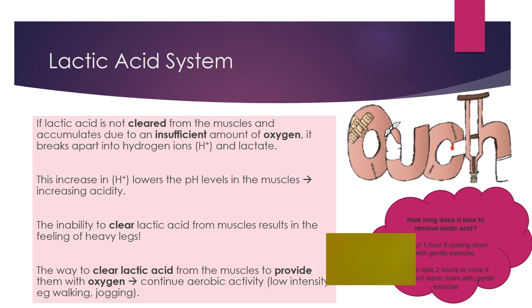So the video spoke a lot about the lactic acid system and the byproduct being lactic acid. Lactic acid levels in the muscles increase when high intensity exercise continues beyond 10 seconds. If the lactic acid is not cleared from the muscle, it accumulates due to an insufficient amount of oxygen. Okay, we need oxygen to clear that lactic acid, and a lack of oxygen can lead to a lactic acid buildup.